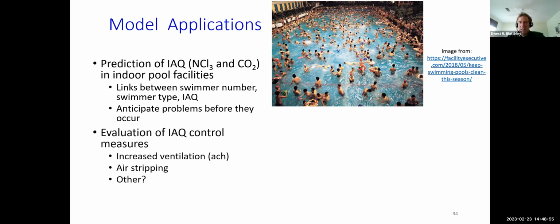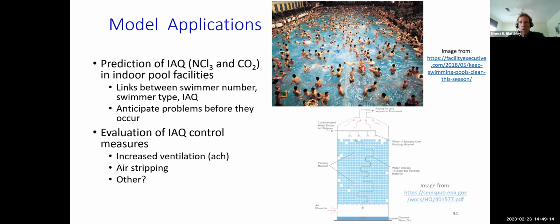So the idea here is that this model allows us to simulate the implications of this condition or some other hypothetical condition on indoor air quality, and also allows us to evaluate the effects of various engineering interventions that we might use to improve air quality, like increasing the ventilation rate through the HVAC system, or incorporating an air stripping device like this one to improve air and water quality.